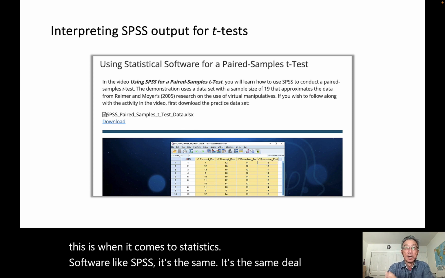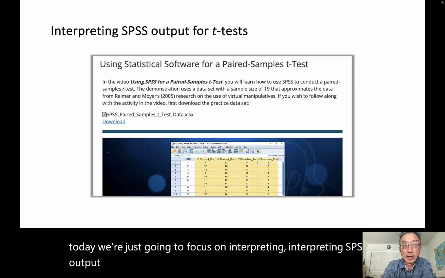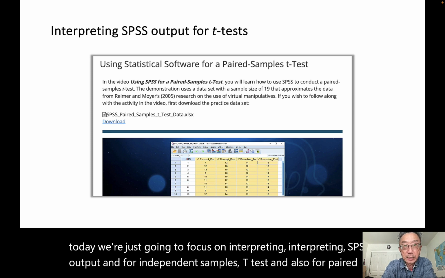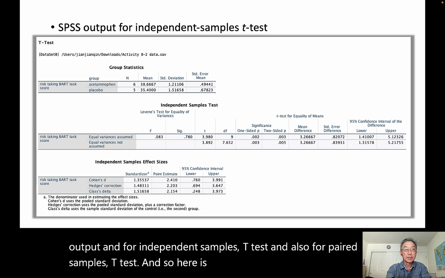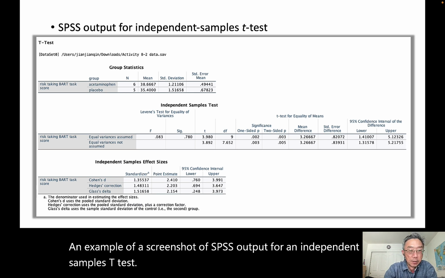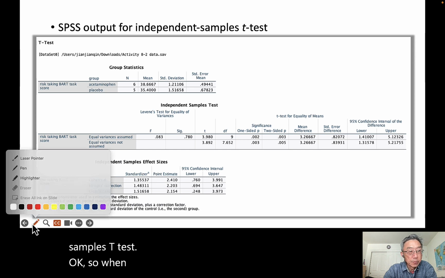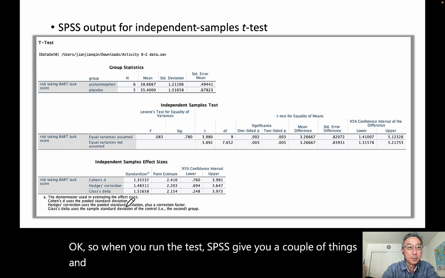Okay, so for today, we're just going to focus on interpreting SPSS output for independent samples t-test and also for paired samples t-test. And so here is an example of a screenshot of the SPSS output for an independent samples t-test. Okay, so when you run the test, SPSS gives you a couple of things, and let's see.